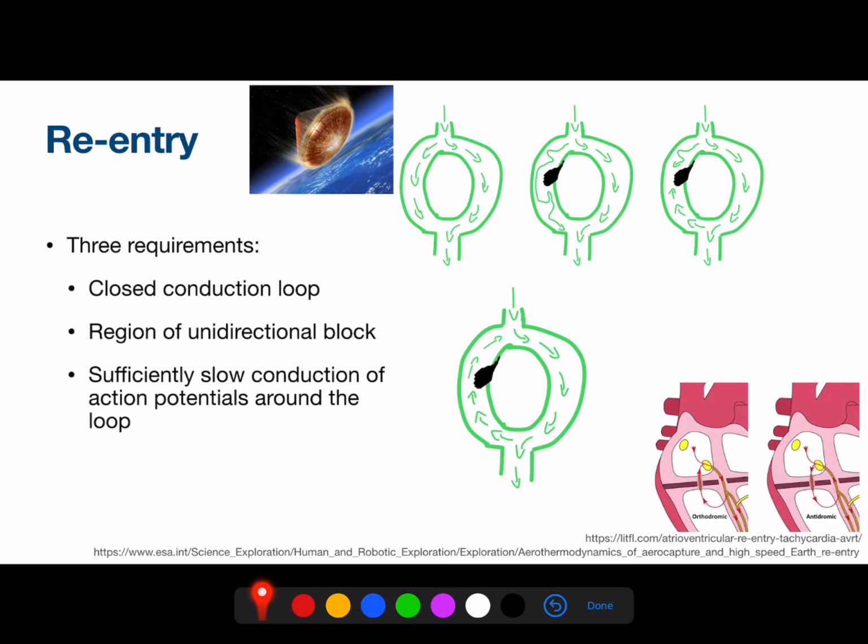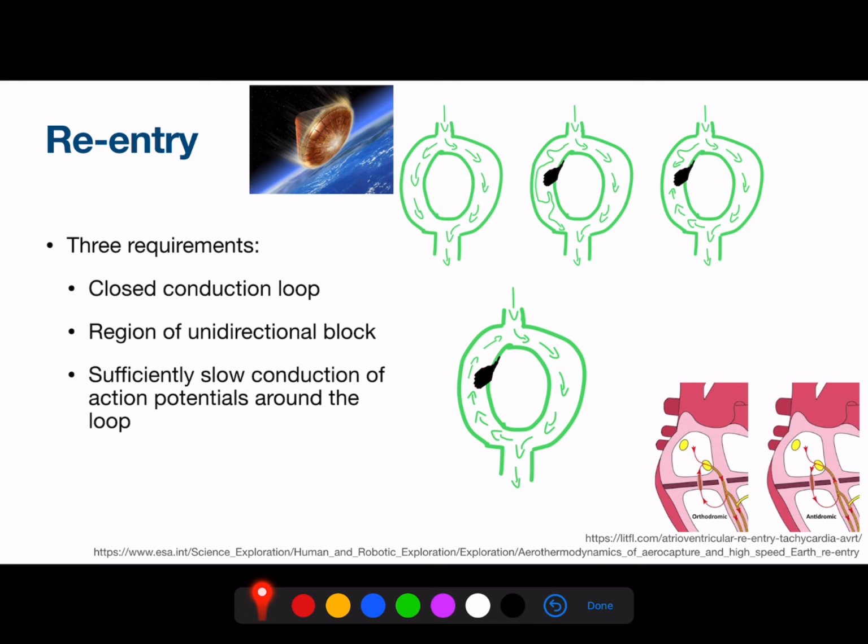So if the ischemia is getting worse, we have a region of unidirectional block. That means the action potential on this side is going fast and on this side is not going further than the ischemia.